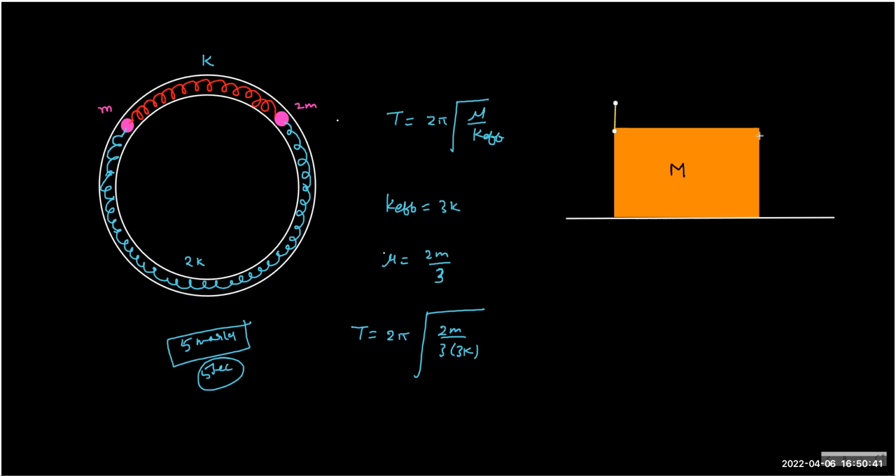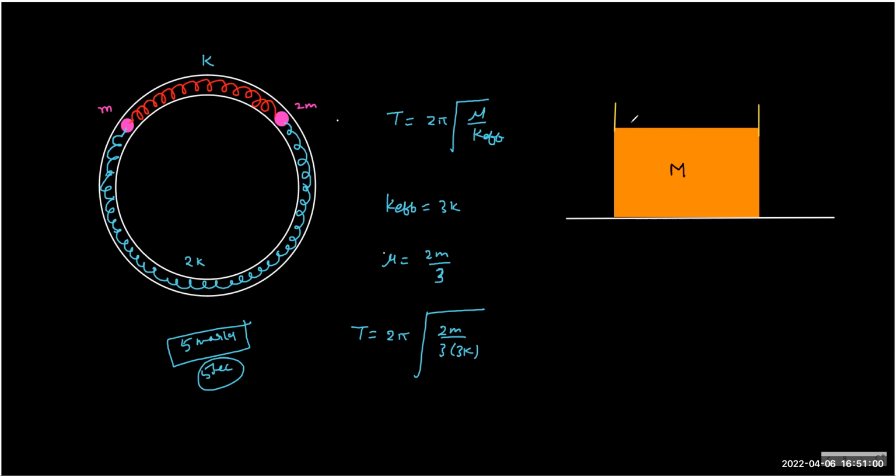So let's say it's a big, maybe a deck of a cruise. Just imagine it kept on frictionless water, floating in water, and let's say water does not offer any resistance whatsoever.